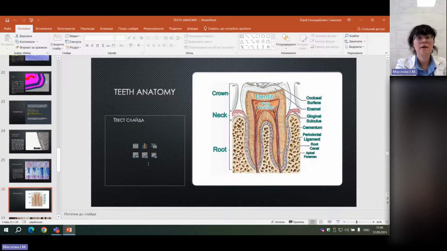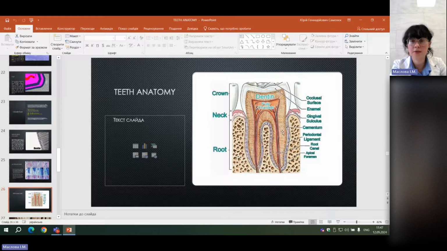You can see the macroanatomy tooth parts. It's a crown, the neck, and the root. Except this, microanatomical parts exist in other surfaces and in other structures such as occlusal surface, enamel, gingival sulcus.